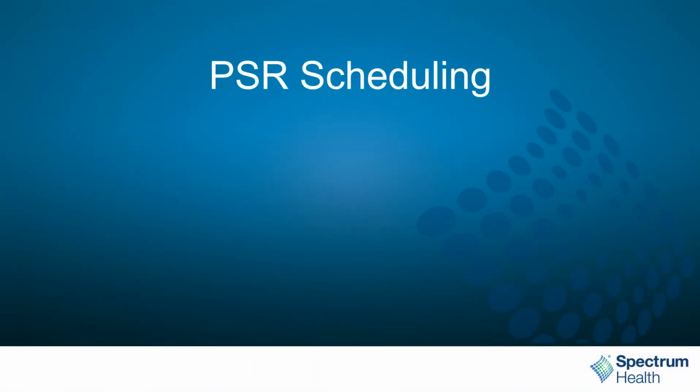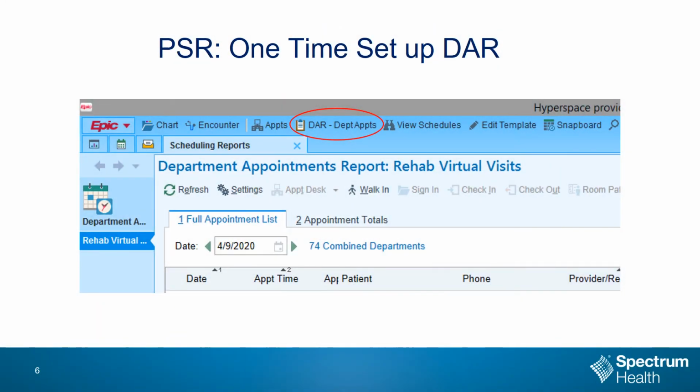In this first section, we will view how the PSR schedules a patient. The PSR will use the Rehab Virtual Visits DAR report to access the virtual visits and generic provider schedules. Please ensure you complete this one-time setup for the new DAR to access virtual visits.